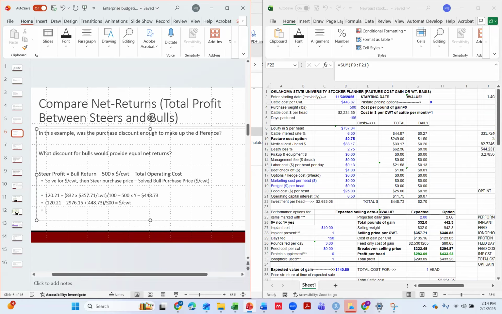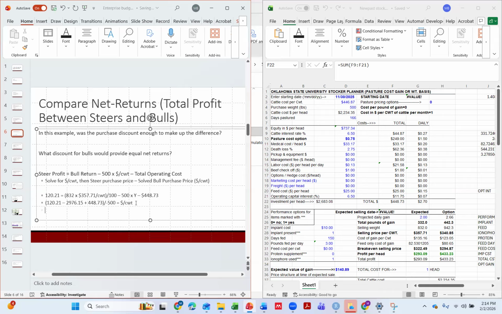120.21. Oh, this is a negative 500. So 120.21 minus 2976.15 plus 448.73 is negative $2,407.21, divided by a negative 500.